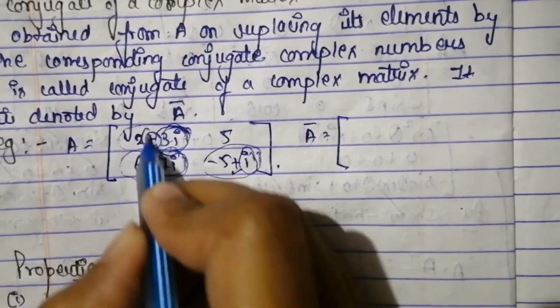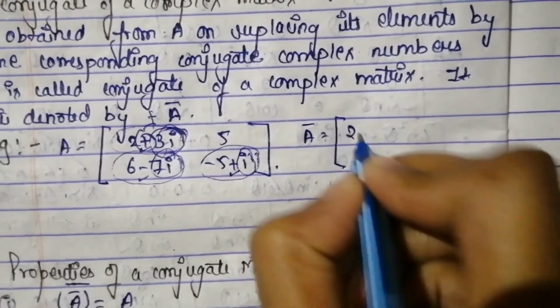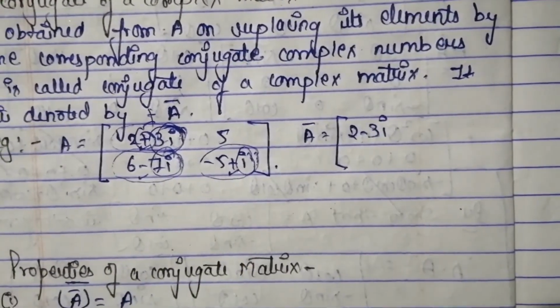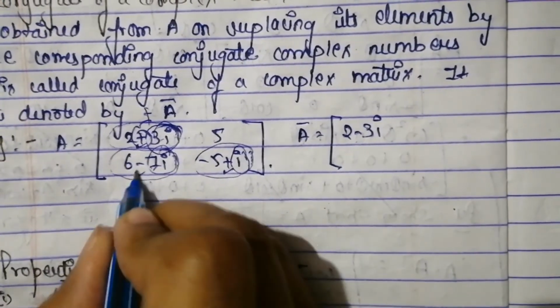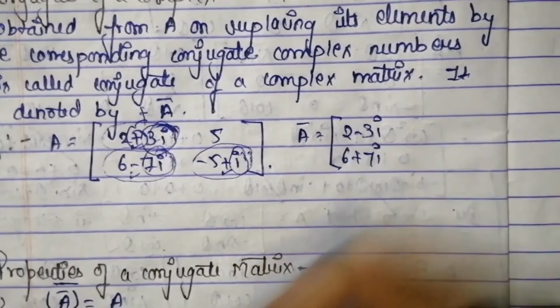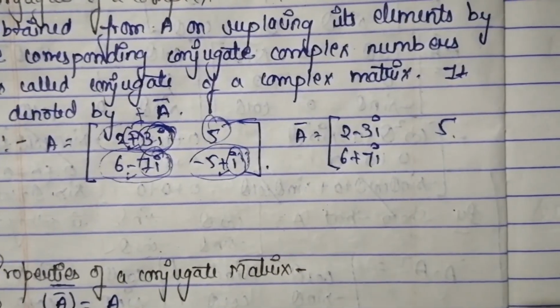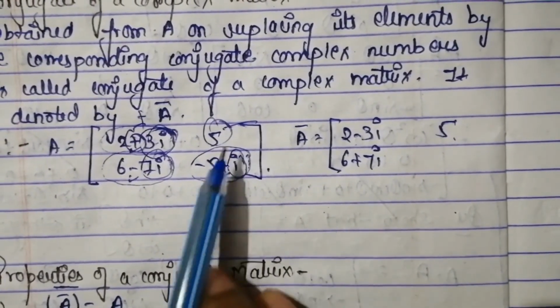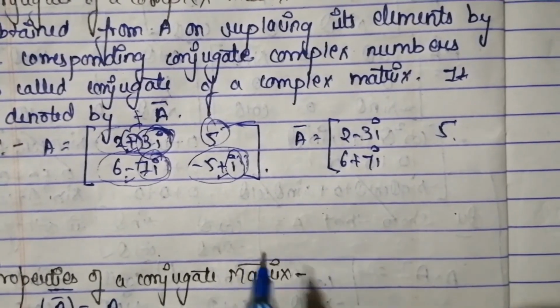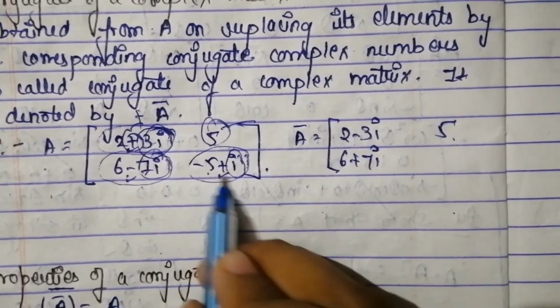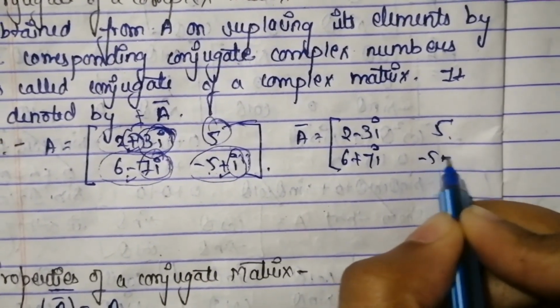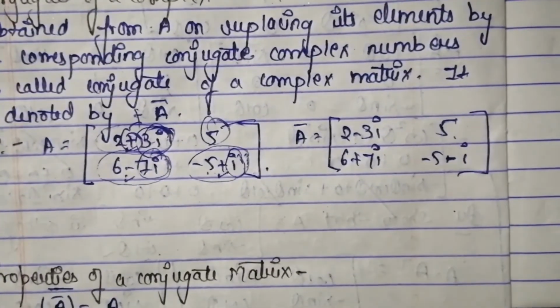Here the sign of the imaginary part is plus, so for its conjugate, it will become minus. For minus, it will become plus. 5 is a real part, so it will be written as it is. For a real part, there is no conjugate. And this is minus 5 plus iota, so it will become minus 5 minus iota.